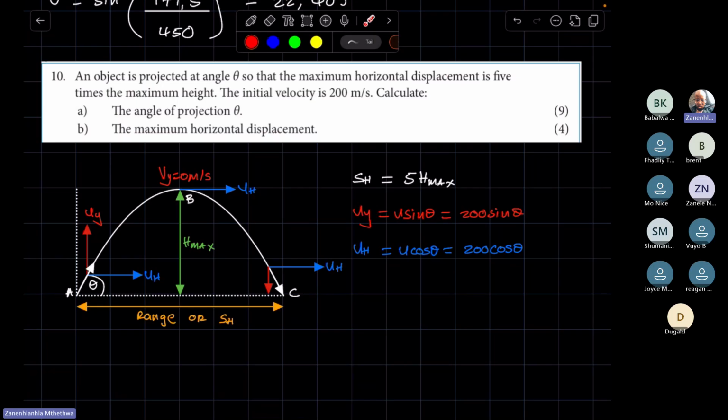They want us to calculate the angle of projection when this is 5 times that. So we have to make use of this relation.